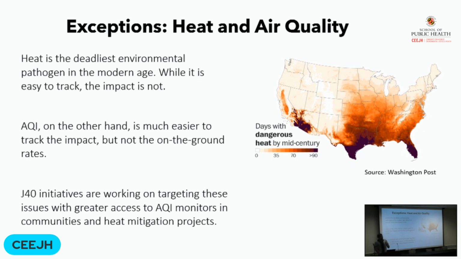But what you can't say is precisely what that air quality is without taking on-the-ground measurements. There are some tools that can be used to better track these things, but on a large scale, it's incredibly difficult.